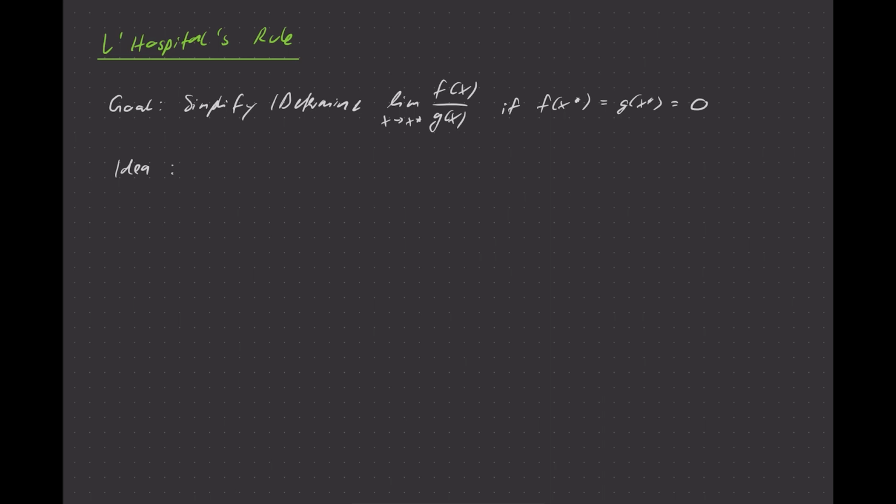You remember that we introduced the derivative of a function through the approximation at a given point through an affine linear function. We can now use this idea to simplify limits of that kind. So the basic idea is to use approximation.